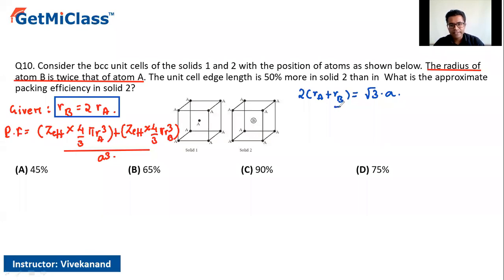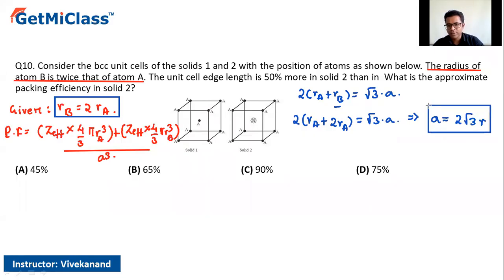So let's replace r_B here: 2 times r_A plus 2 times r_A again, because r_B is 2 times r_A, is equal to root 3 of a. Substituting, the value of a is equal to 2 into root 3 of r. This is the important point we have got here.